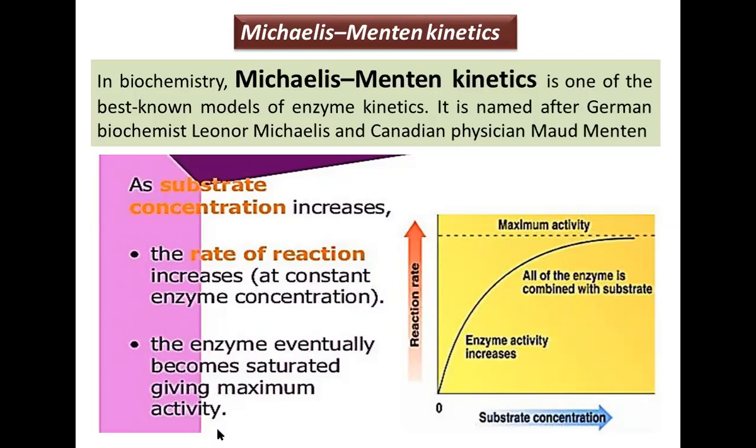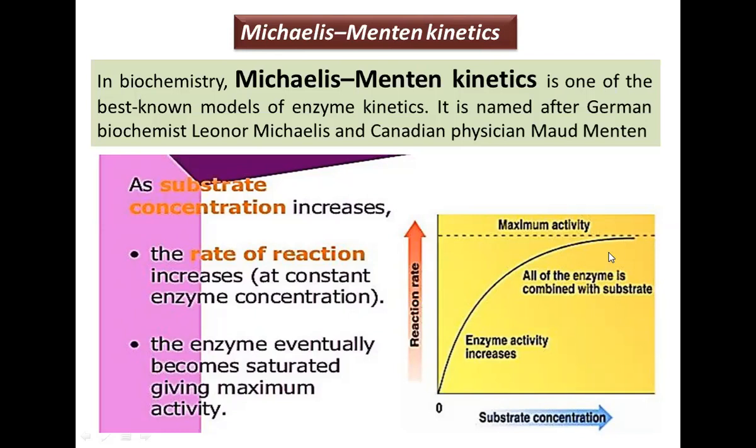See here, one graph is there. At constant enzyme concentration, the rate of a reaction means when the enzyme will come and bind with the substrate molecule. So the rate of reaction will increase, but it will reach a maximum level. That is the maximum activity.